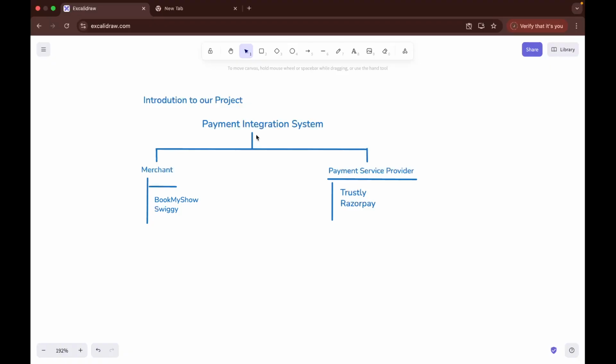Going through our payment integration system, it acts as a bridge between the merchant and the PSP system. We provide an API to the merchant and then internally talk with the PSP via another set of APIs. This system handles many kinds of business logic.